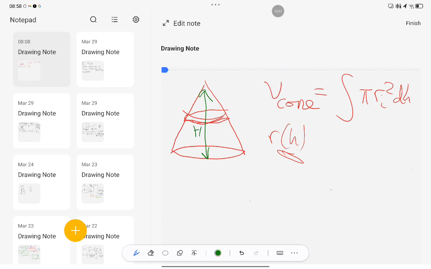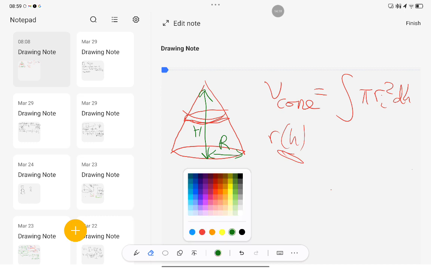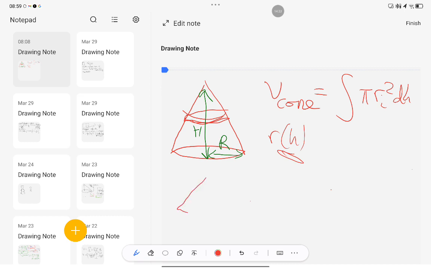So our entire cone has a vertical height of capital H and a radius of capital R, whereas when we cut a cone at the segments, we generate, if you like, another cone, but a shorter one.